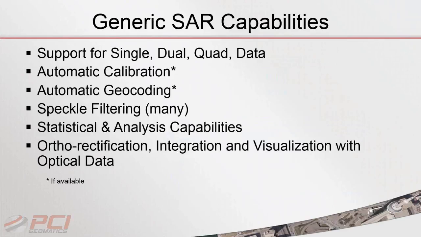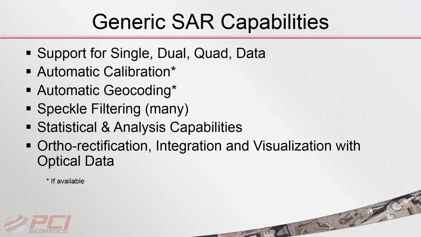Just to qualify that a little bit more, we do support single, dual, Quad-Pol data, so fully polarimetric data. We have methods for doing automatic calibration and geocoding where the ephemeris information allows. We have lots of capability for reducing noise or doing what's known as speckle filtering.